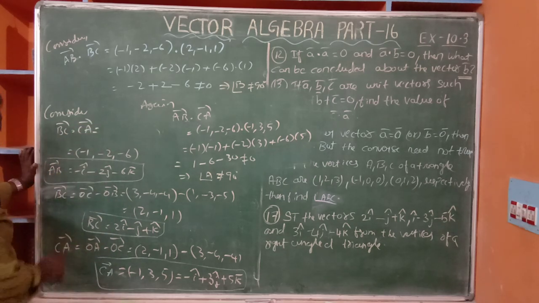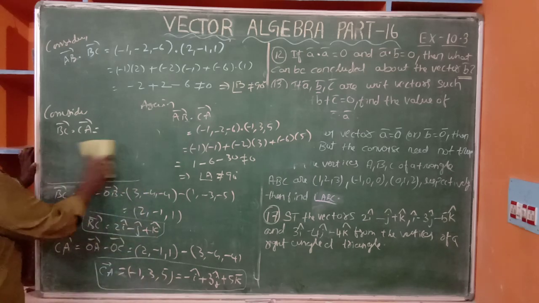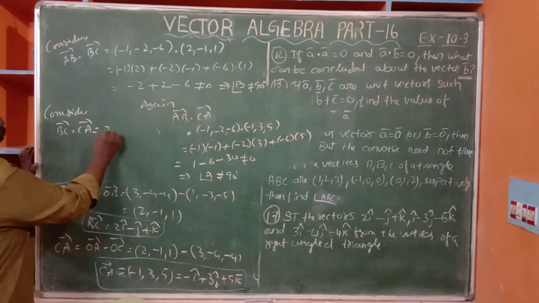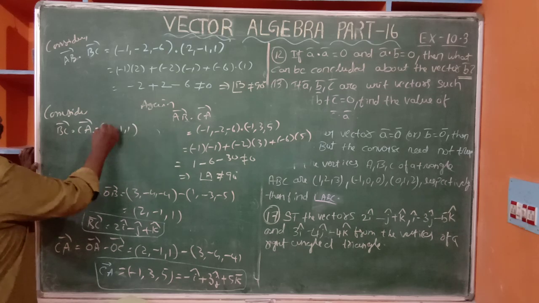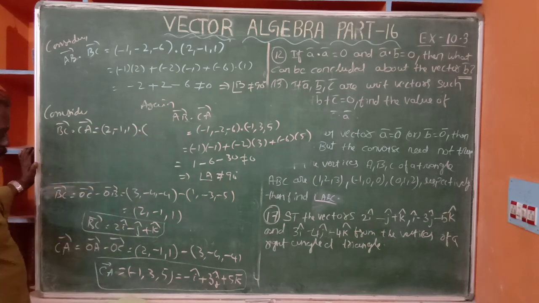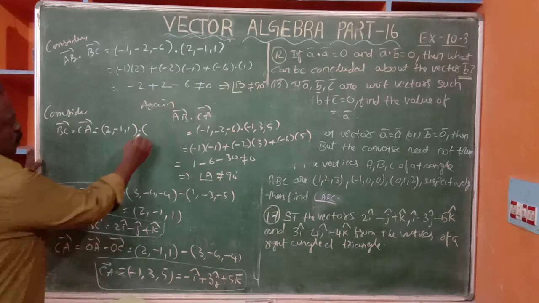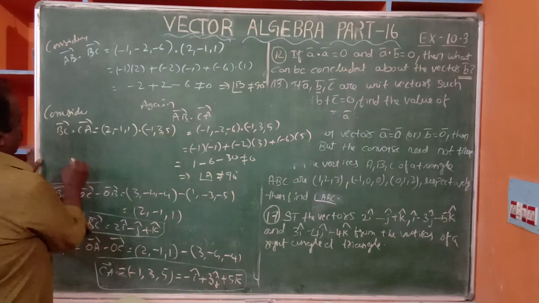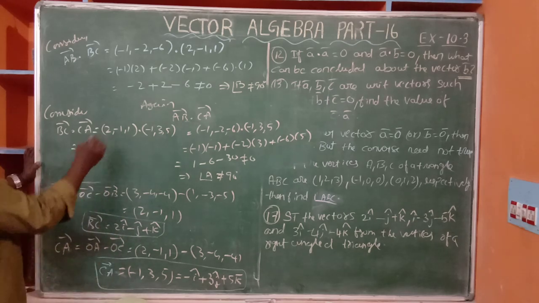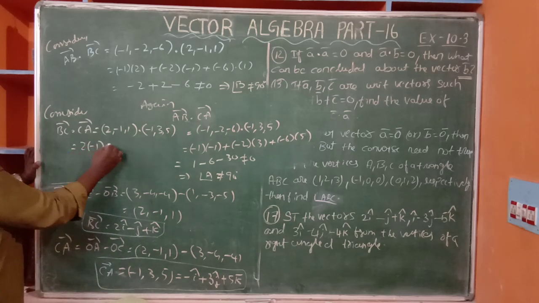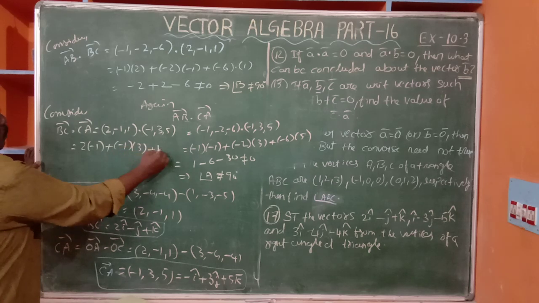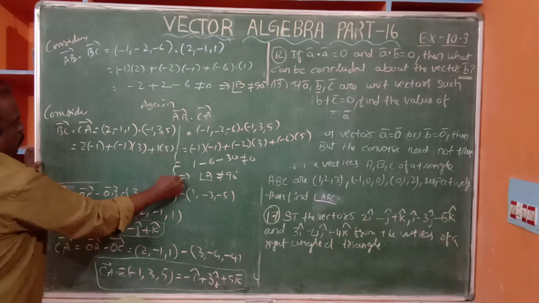BC bar is 2, minus 1, 1, dot CA bar, which is minus 1, 3, 5.